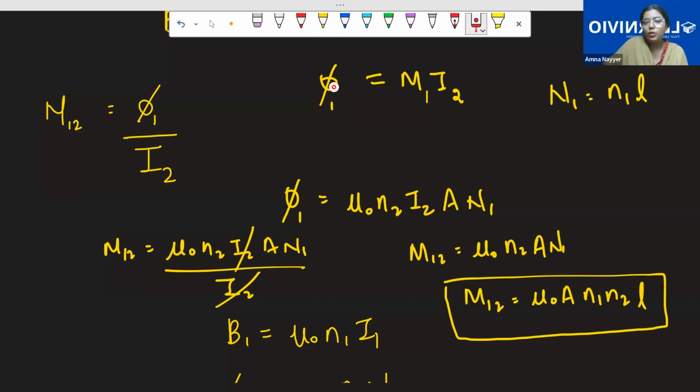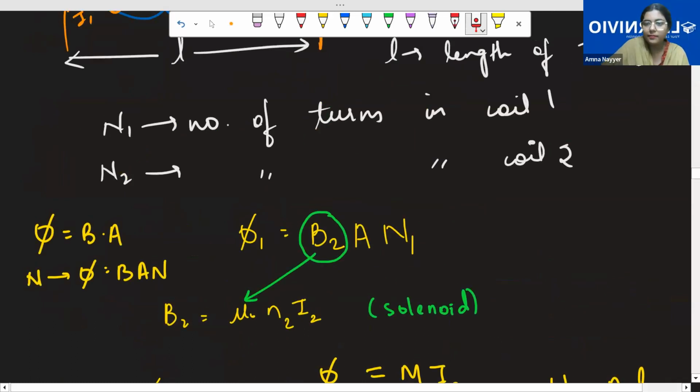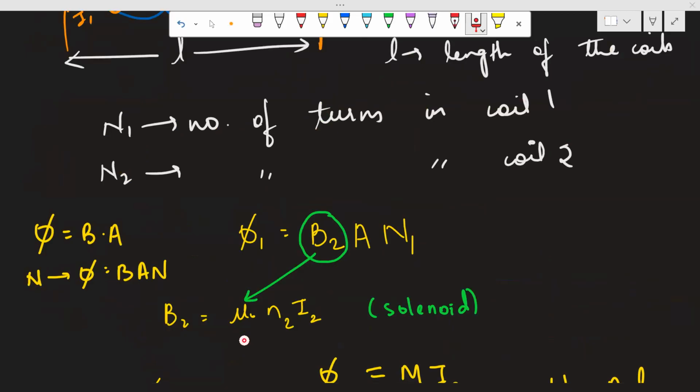See here, you have the magnetic flux for the first coil we are calculating. Our target is this first coil. What is the magnetic flux on this first coil? The magnetic flux is equal to M I. We know this. Now, when you are talking about the magnetic flux due to the first coil, the magnetic field of the second will be influencing it.